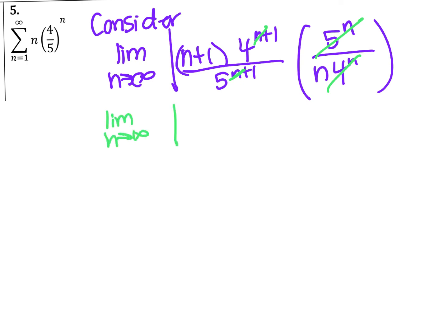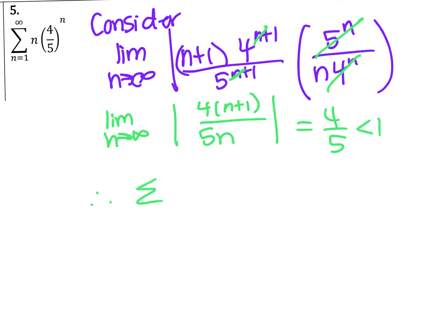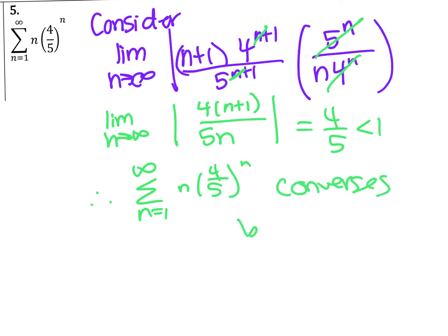So we're left with, in the numerator, 4 and n plus 1, and in the denominator, 5 and n, and this limit as we go to infinity is just going to be 4 over 5, since the degree of the numerator and the denominator are the same. 4 over 5 is less than 1, so we can say that the sum from n equals 1 to infinity of n times 4 over 5 to the power of n will converge by the ratio test.